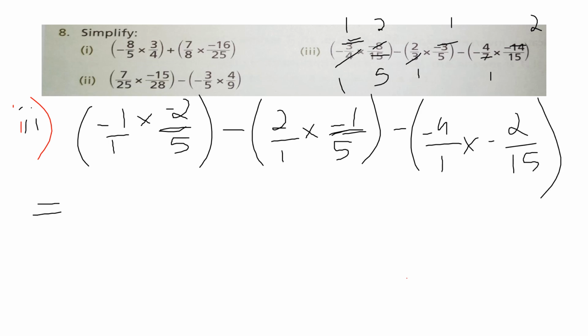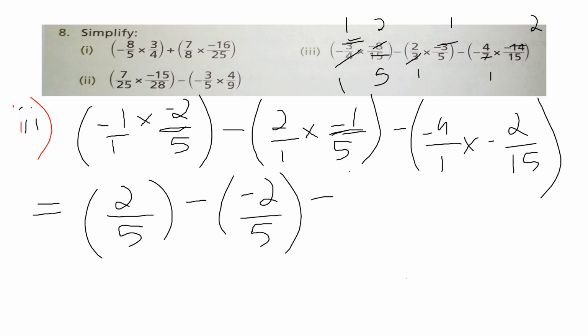Now we will multiply them. Minus plus, 2 1s are 2, 2 by 5, minus 2 by 5, minus plus, so 4 2s are 8 by 15. To make their denominators the same, we will have to multiply this one by 3 and this one also by 3.